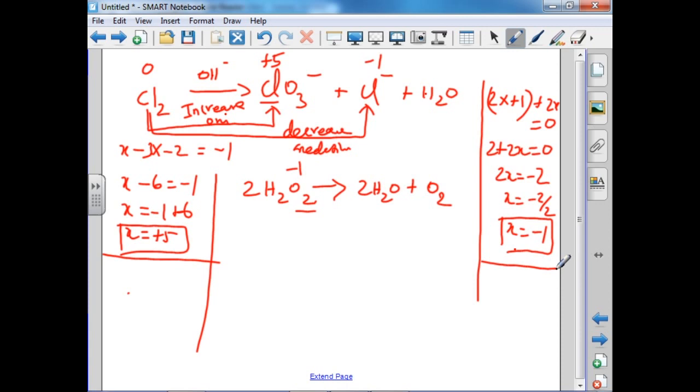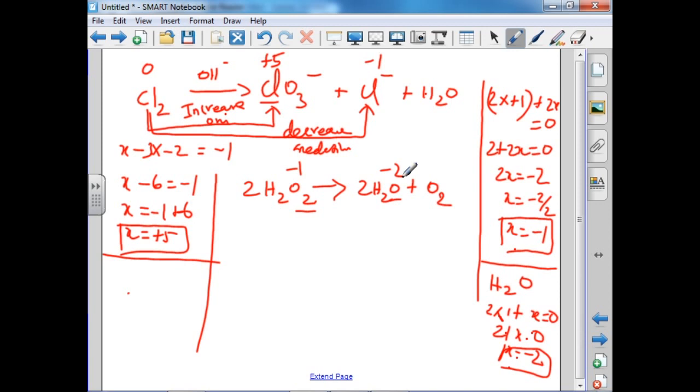Now next one is calculate the oxidation number of oxygen in water, H2O. 2 into 1 plus x equal to 0. 2 plus x equal to 0. x equal to minus 2. Oxidation number of oxygen in water is minus 2.